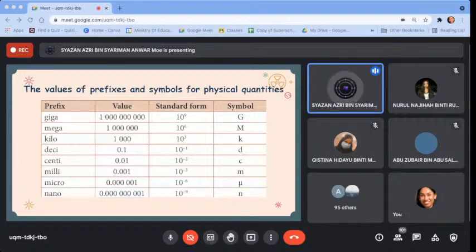For example, in this table, giga is the largest number, which has 9 numbers, and nano is the smallest number, which has 9 decimal points.